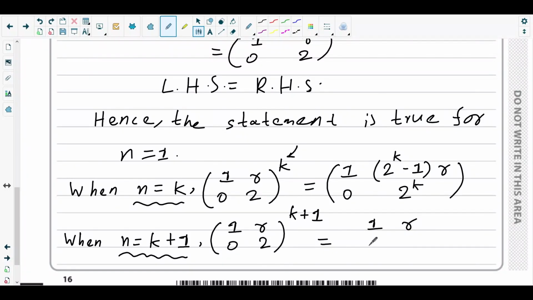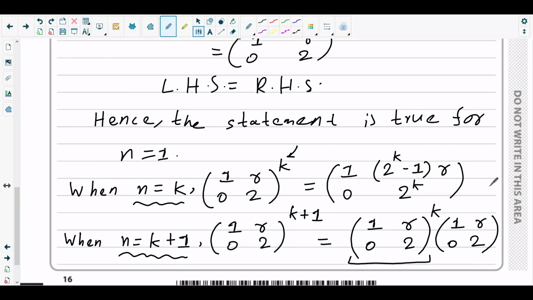Have a look. (1 r; 0 2) to the power k plus 1 can be written as (1 r; 0 2) to the power k times (1 r; 0 2). Now you just need to substitute. We know that (1 r; 0 2) to the power k is basically (1 2^k - 1 r; 0 2^k).